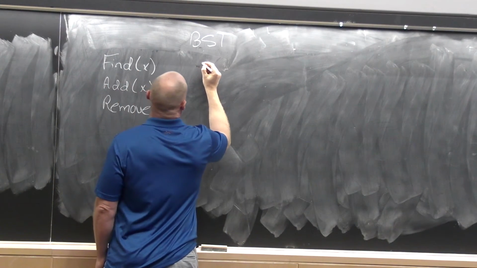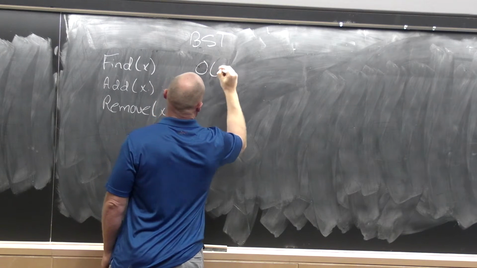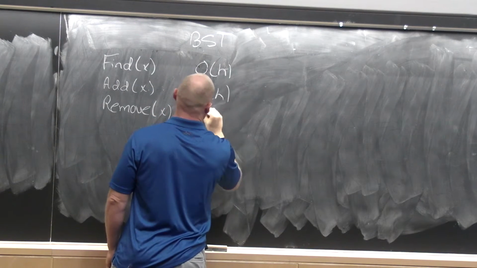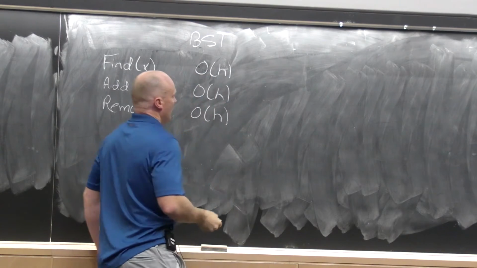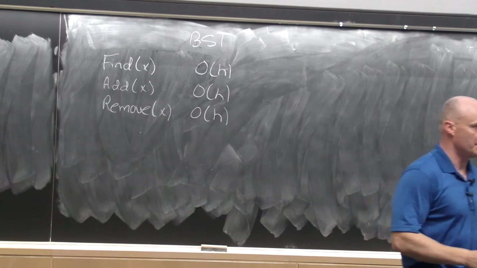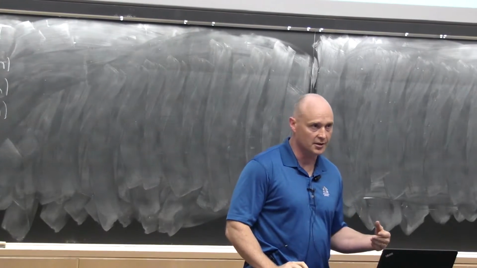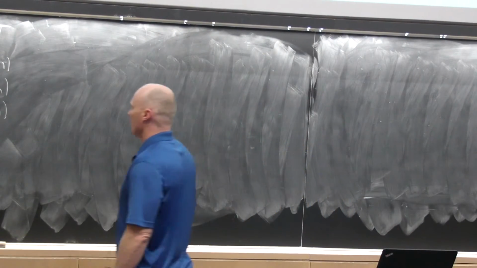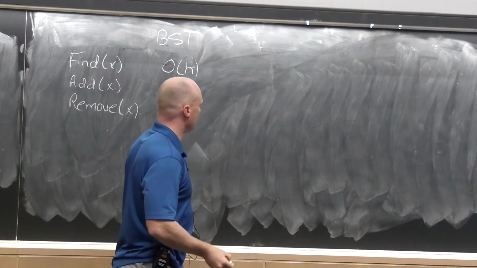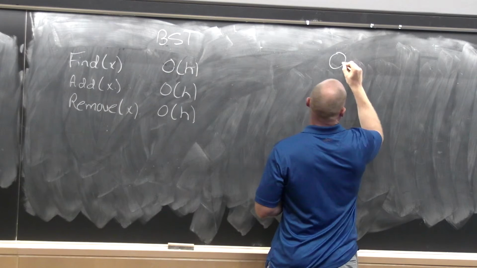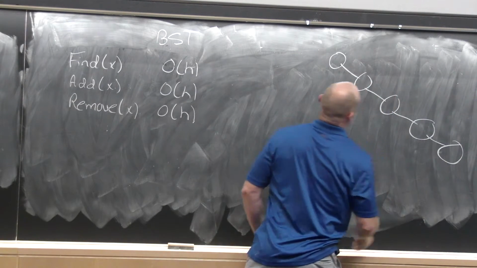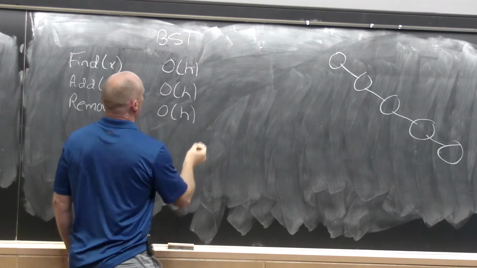These are just binary search trees. And because they're just binary search trees, it could be that they're not balanced and they're just basically a list, right? Pat probably went over how on certain inputs you can get a tree that just looks like this. And then anything you want to find is basically O of n.